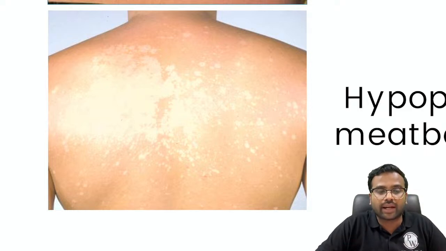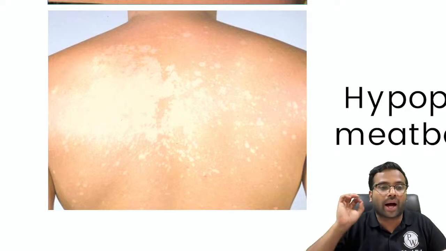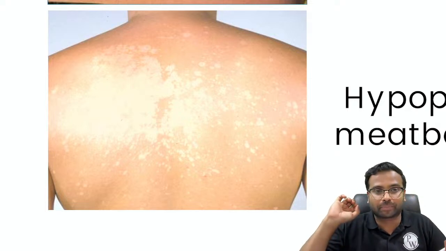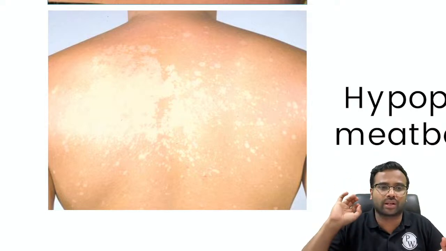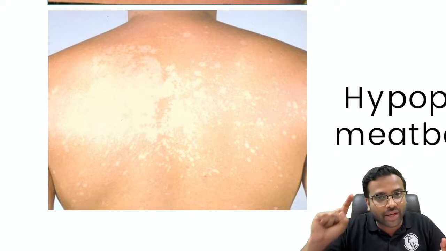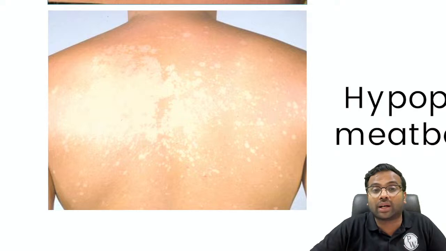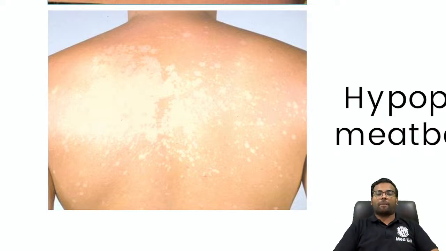I can see an adult whose upper back has hypopigmented patches. A lot of hypopigmented patches. Patches are there, macules are also there. But the clue here again is the KOH. Whenever KOH is positive, what are you thinking about? You are thinking about a fungal infection. So what is the fungal infection here?